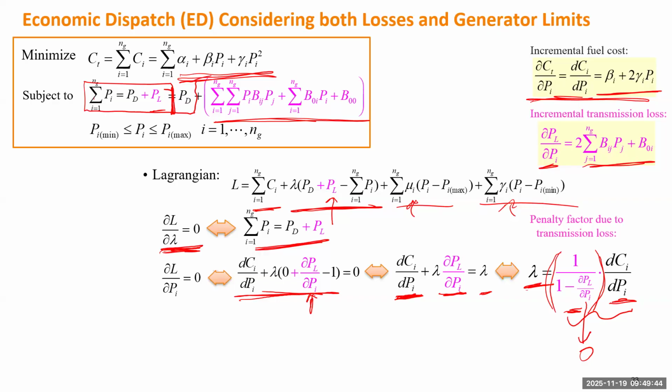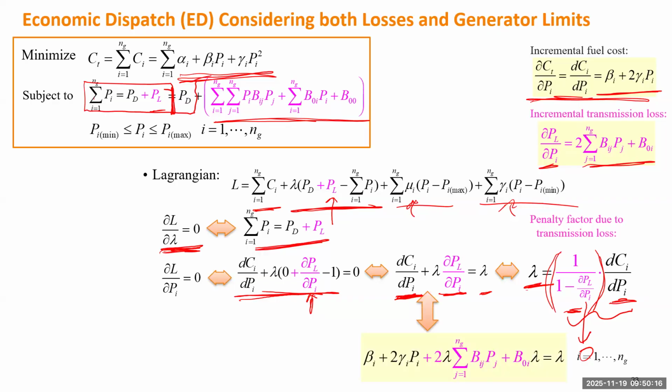If you deliver electricity over a longer distance, the transmission loss will be higher, which means you need to make this one slightly higher, paying an additional price for the transmission loss. So eventually all the units operate not exactly at the same incremental cost, but slightly different. The difference really depends on the transmission loss. So this is what changed.